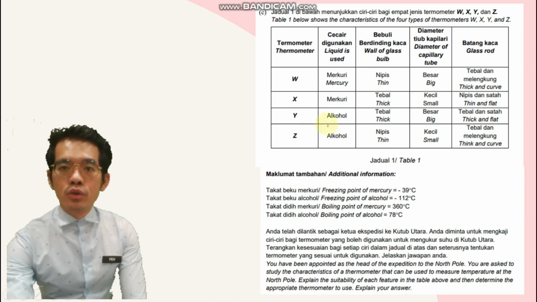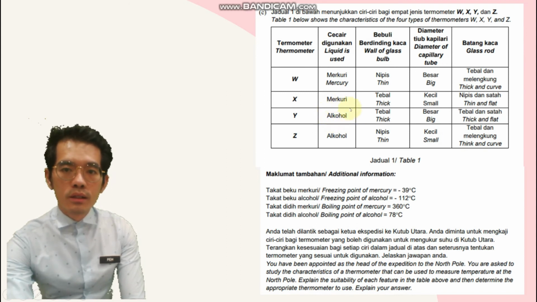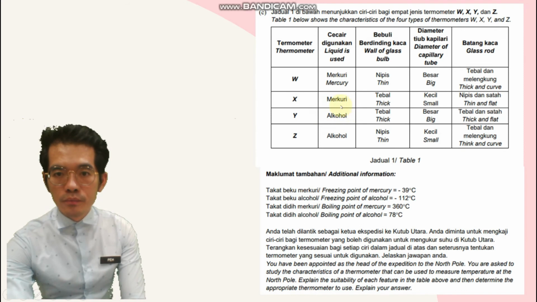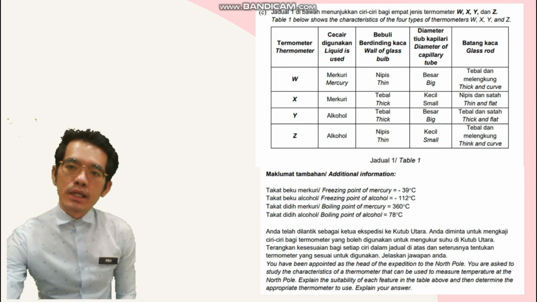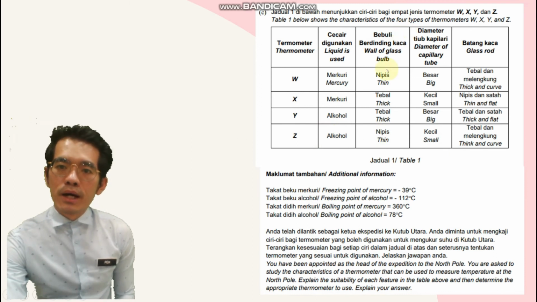So for the liquid use, you need to choose alcohol. Okay, so you need to choose alcohol because alcohol have a lower freezing point. So the thermometer we have to choose might be Y or Z. So for the second character, discuss about the wall of glass bar.